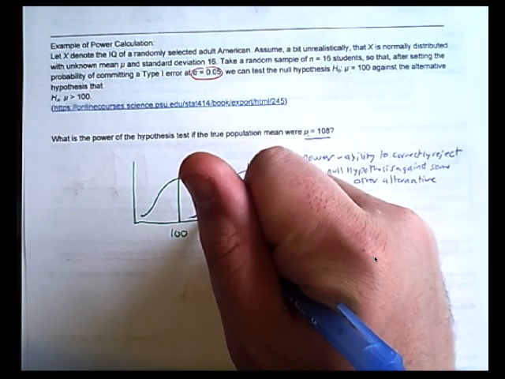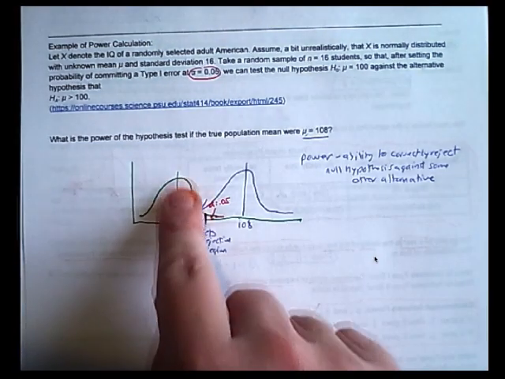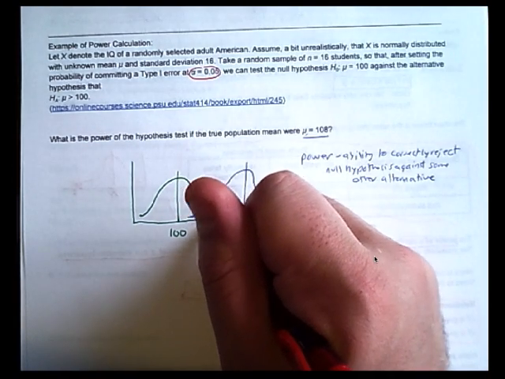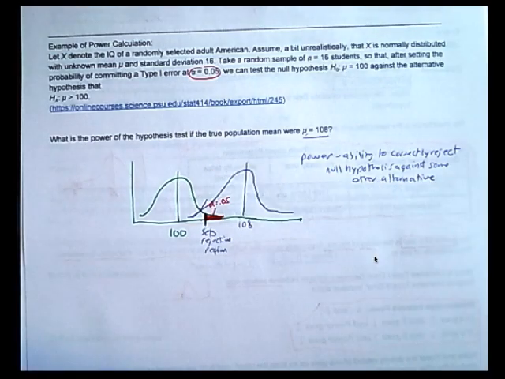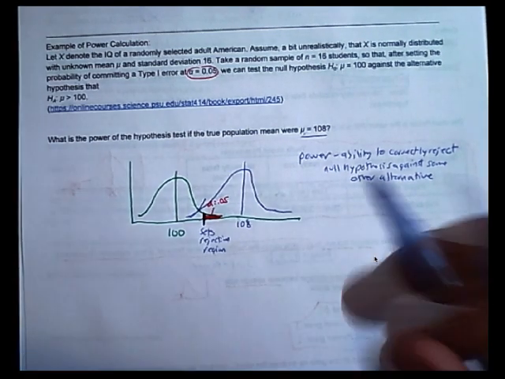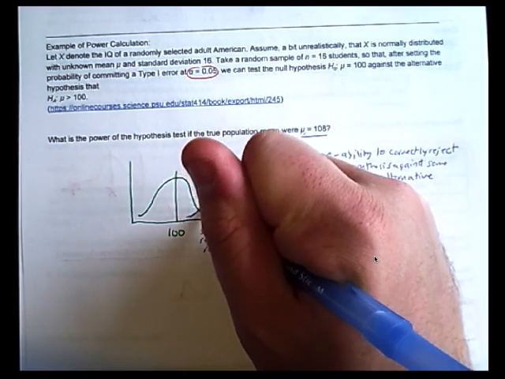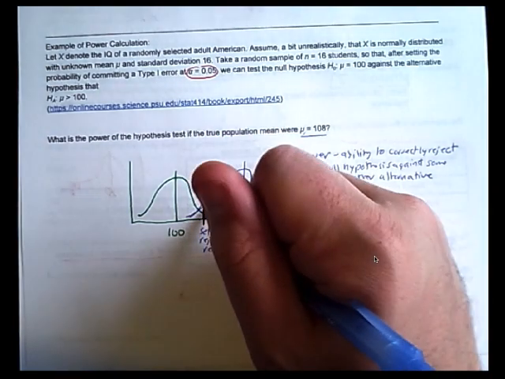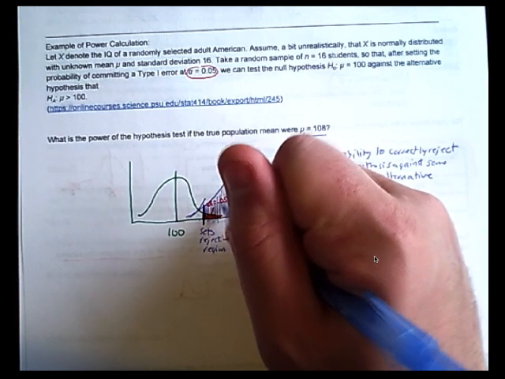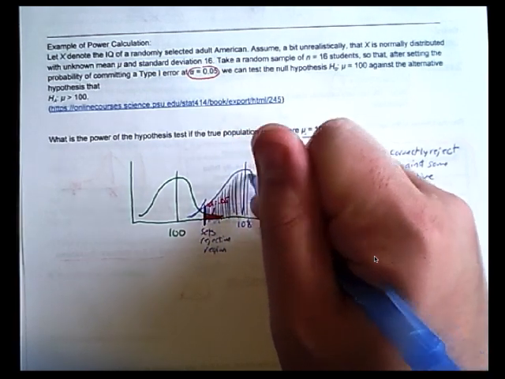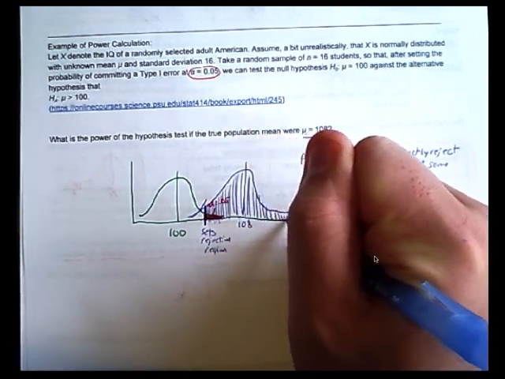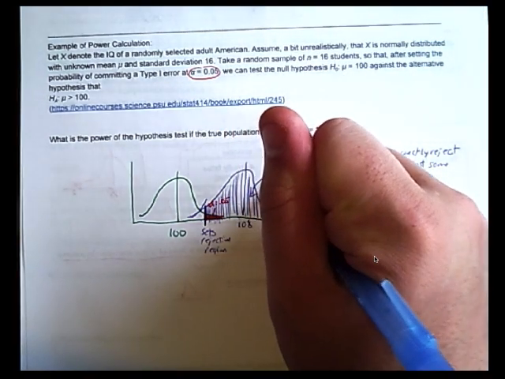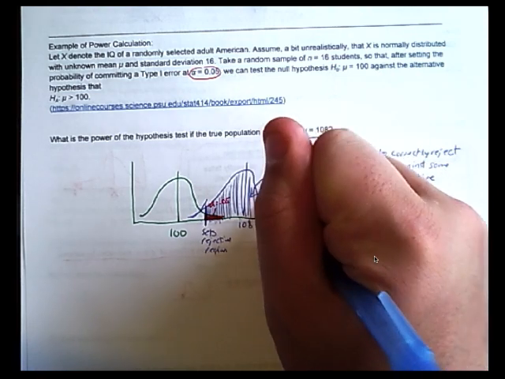So if I'm rejecting the 100, that means I'm over here in this rejection region. And if I take that rejection region up, where it meets the blue curve, the power of the test is actually graphically all of that blue area. This right here would be the power of the test.